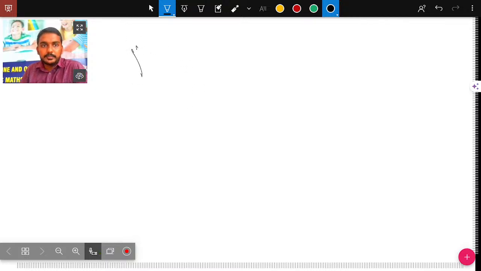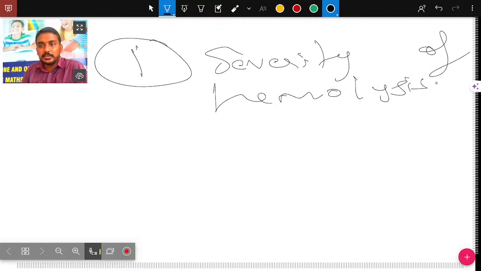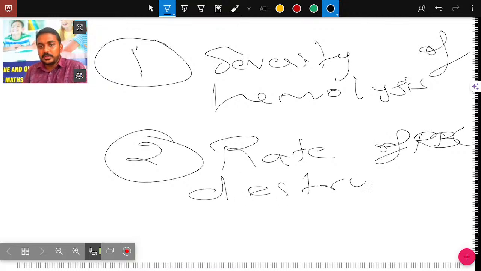Number 1, severity of hemolysis. Number 2, the rate of RBC destruction.